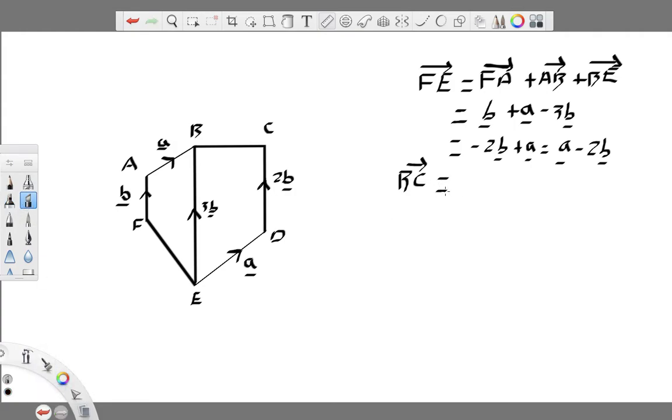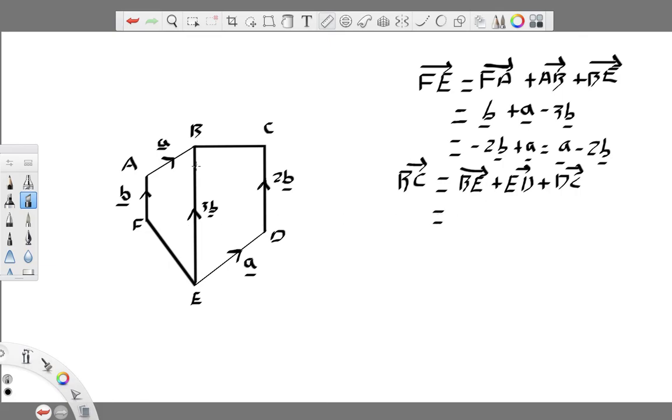So B to C, well, that was B to E, plus E to D plus D to C. Again, we know this is right because we start at B and we end at C, so B to C.